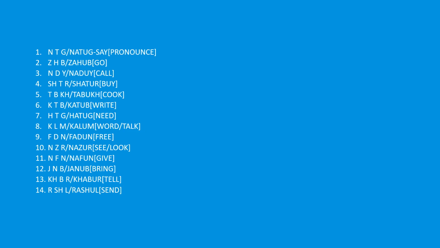Notice that whatever the middle letter is, you actually pronounce that with the letters on the left of the word and the letters on the right of the word. And by this rule, we don't have any silent letters. Every letter must be pronounced. So you heard the N in janub pronounced as jan and then nub, janub.